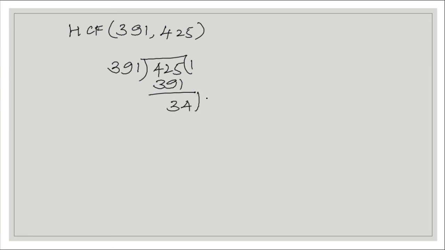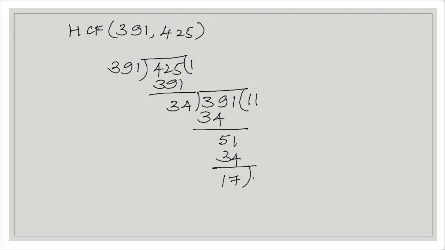Now I need to divide 391 with 34 as a divisor. One time is 34. I'll be getting 51. This 51 is also divisible one time. It becomes 34. And the remainder obtained is 17. Now 17 divides 34 two times, so I'll get the highest common factor as 17.